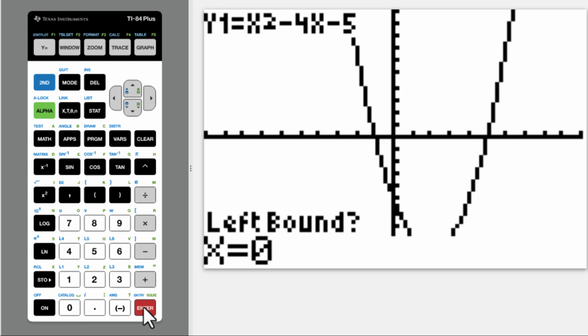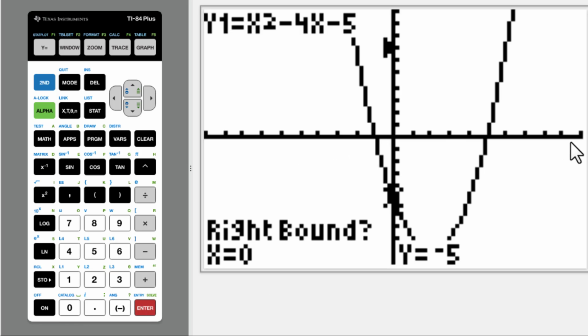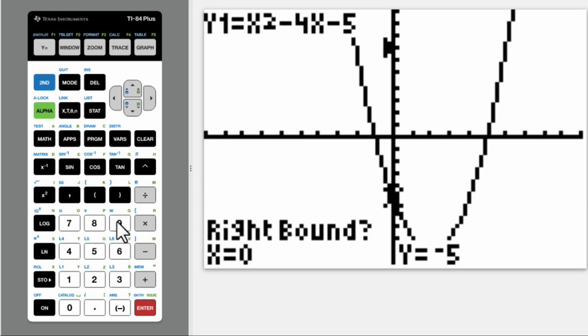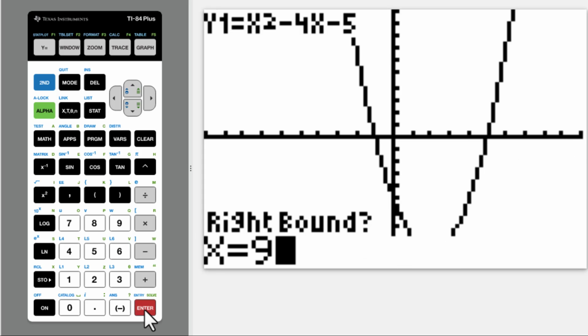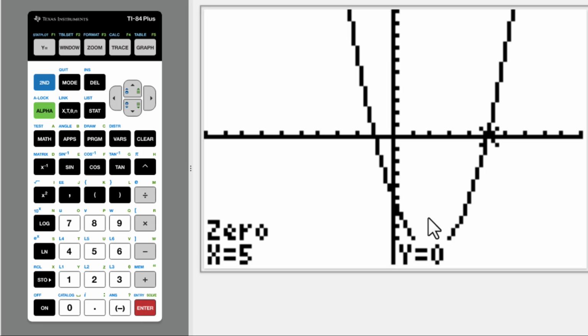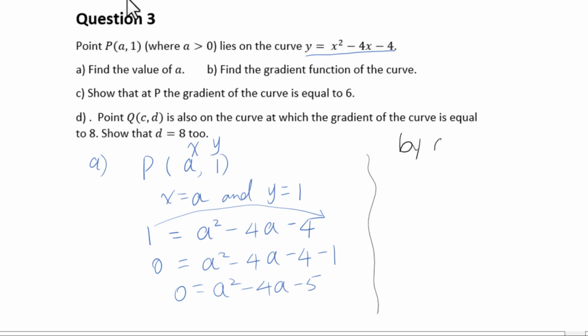Left bound, let's do 0. Right bound, let's do 9. Enter. Enter. a equals 5. By graphing, a equals 5.